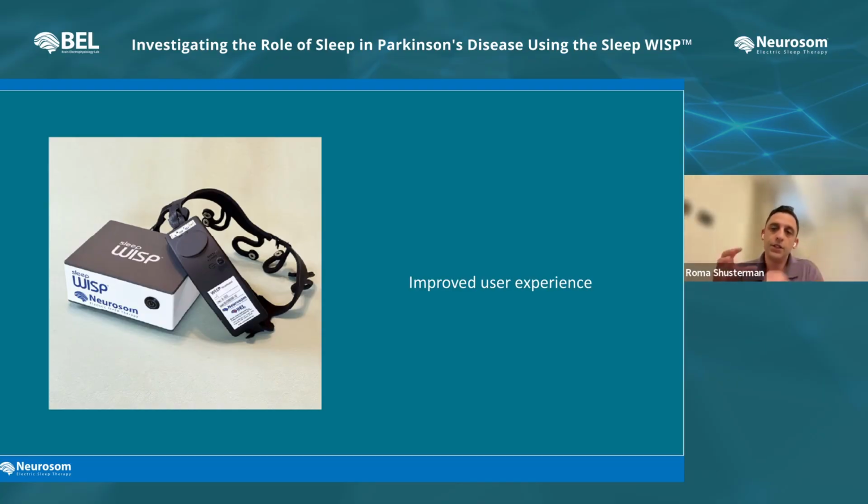And then an additional feature to improve users' experience: we updated communication between the WISP dock and the headband. We moved to native Bluetooth communication. So right now we reduced one component, a USB stick that was attached to the WISP dock.